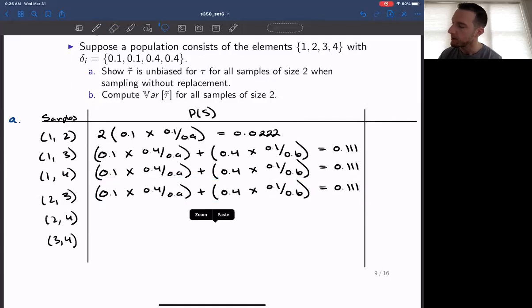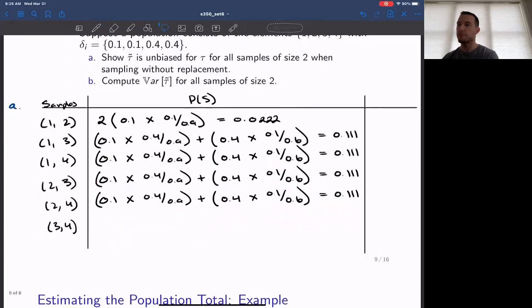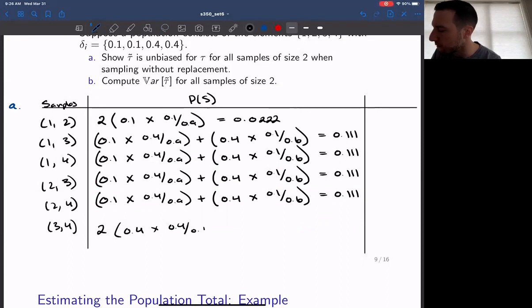In the last sample, we have two values that both have the same probability of being selected. So now we'll have the leading two to represent the fact that we can observe 3-4 or 4-3. And then we'll have 0.4 times 0.4 over 0.6, which gives us 0.533.